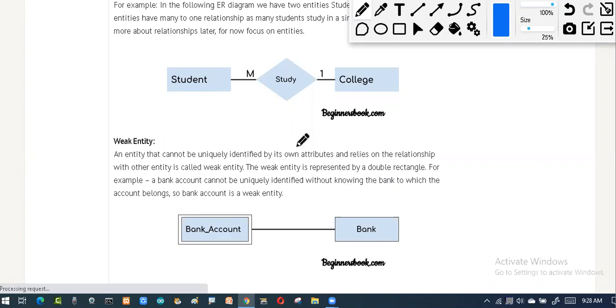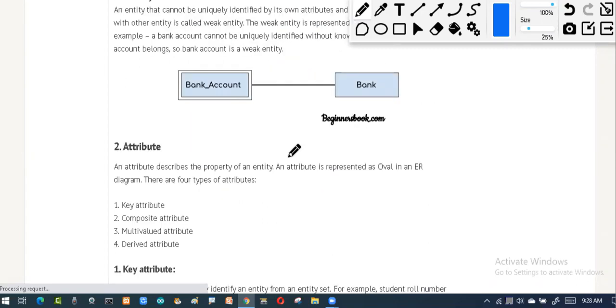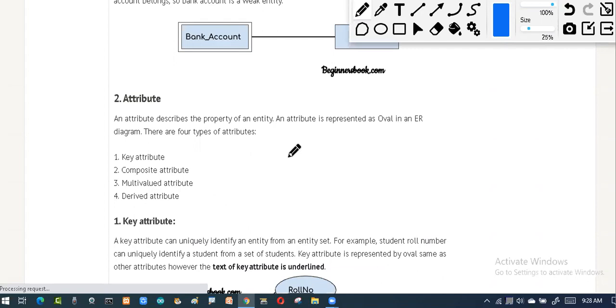Then coming to the attributes, we have different types of attributes, as I was telling you: key attribute, composite attribute, multivalued attribute, and derived attribute. Now, when I talk about the first one, key attributes: for every entity, we have multiple attributes.